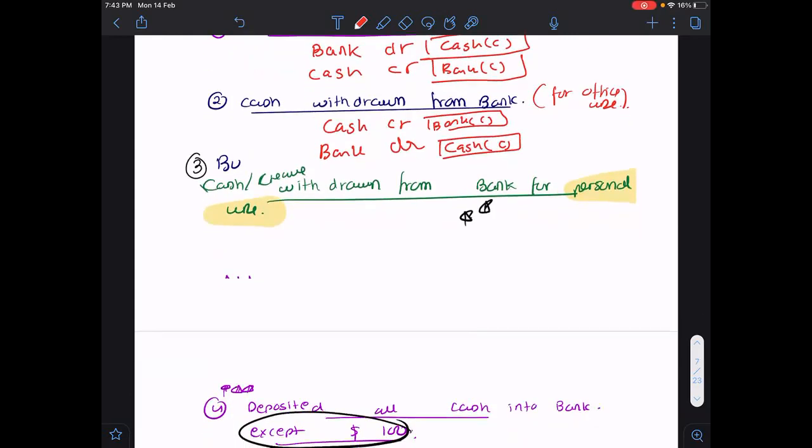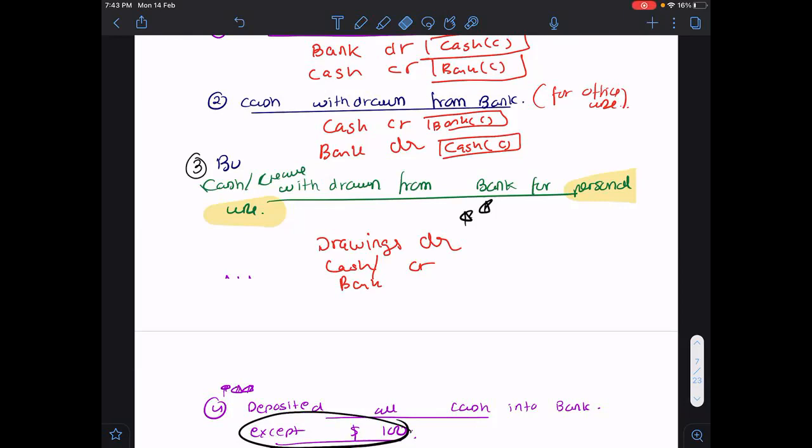Then cash withdrawn from bank for personal use. Personal use, okay. So drawings debit, cash withdrawn from the bank. So cash credit or bank credit? कैश में से गया तो कैश का कॉलम क्रेडिट, बैंक में से गया तो बैंक का कॉलम क्रेडिट.